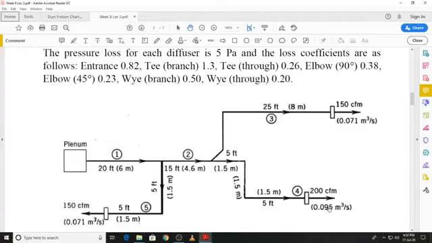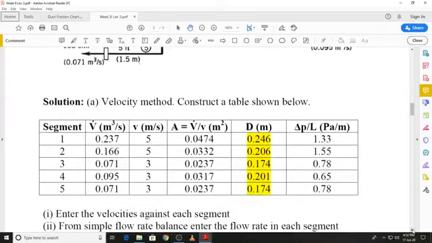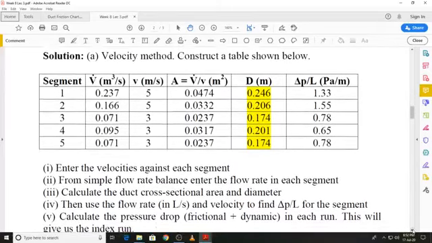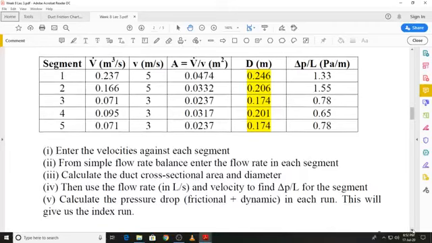And after that, we will need to find out the pressure drop through each of the runs. And it is convenient to draw a table in which we have these results, and that is shown over here, and all the steps are also mentioned over here. So the first thing that we can do, we have the segments, which could be numbers or could be letters. Then against each segment, because we have been given the velocities, we have entered the velocities.